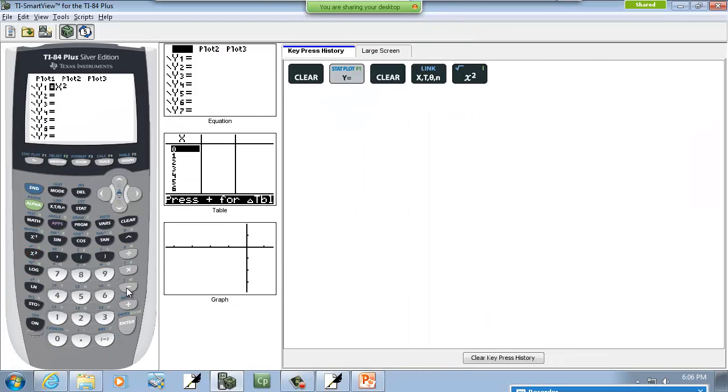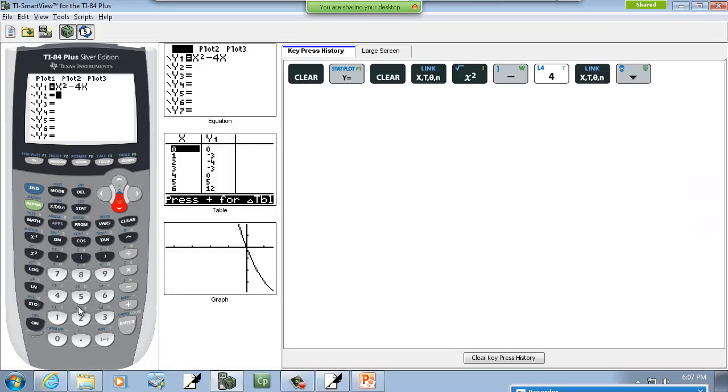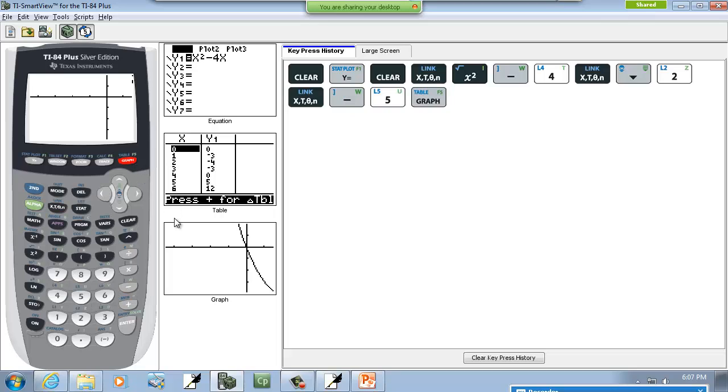X squared minus 4x. Then down arrow to y2, and we put in 2x minus 5. And graph. Well, I'm zoomed funny, but I'll do a zoom z standard. So choose zoom and choose z standard.